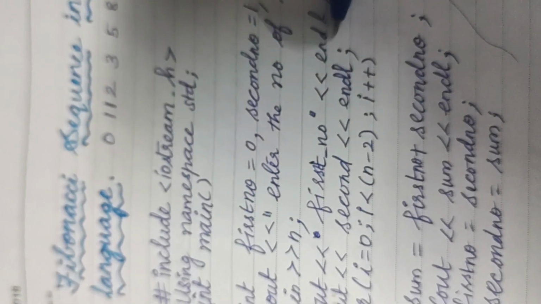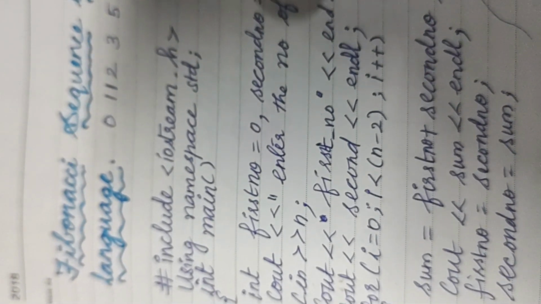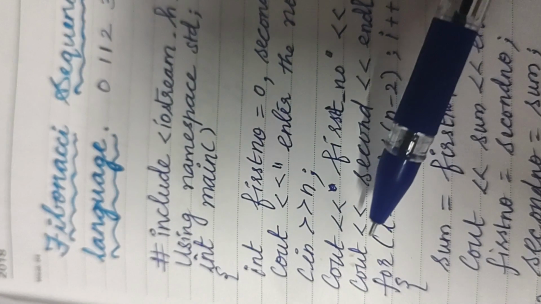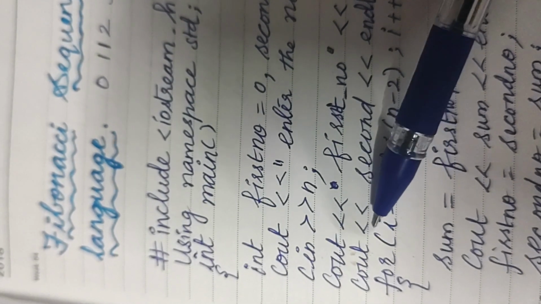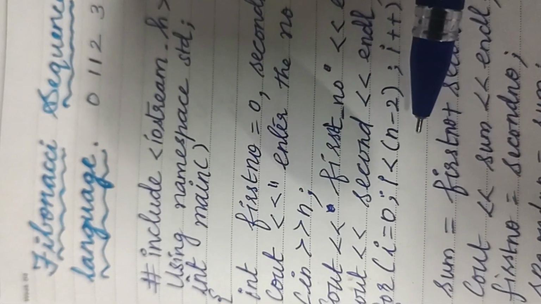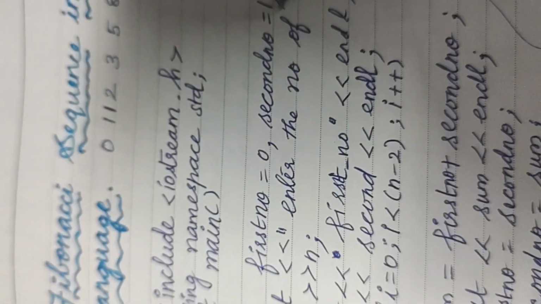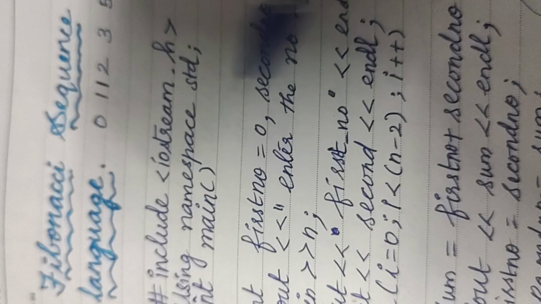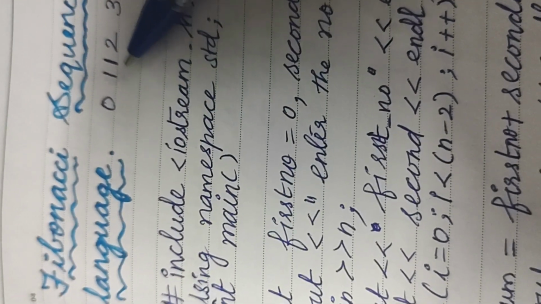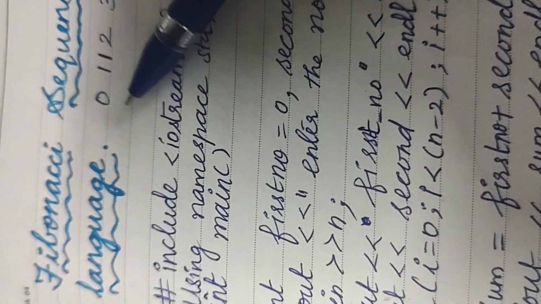Then we end the statement using endl. Then the next cout statement prints the second number. What second number have we assigned here? That is 1. So by default it prints 0, 1.